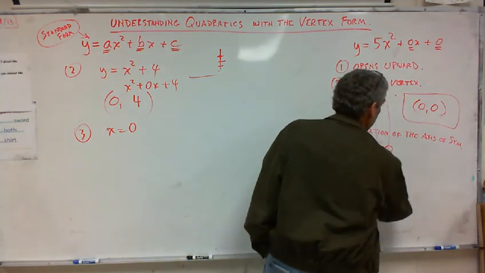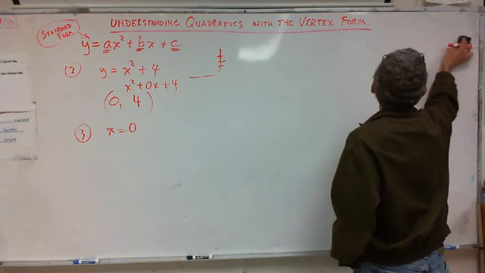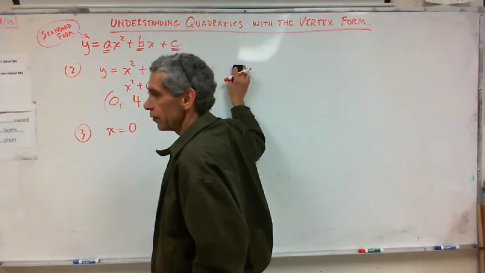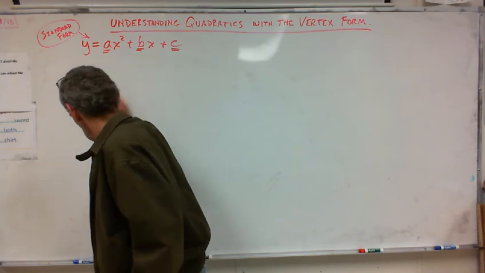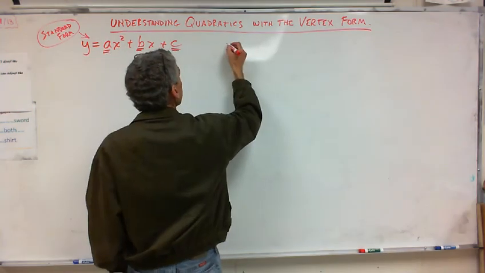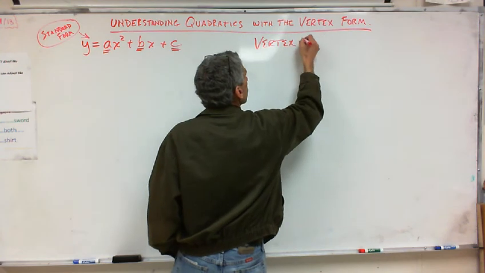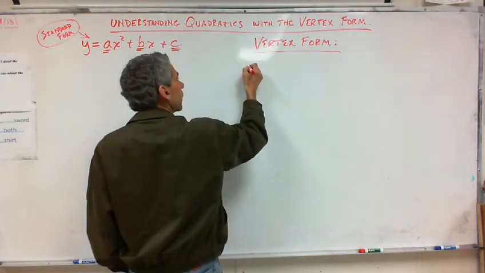So now I'm going to talk about the vertex form. All right. Can I erase this part? Okay. Now, this is the vertex form. And you're going to see why this is so valuable to know.